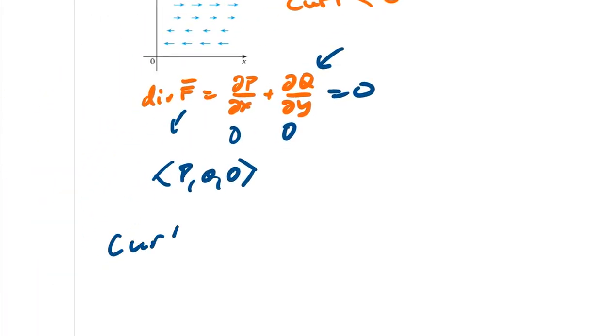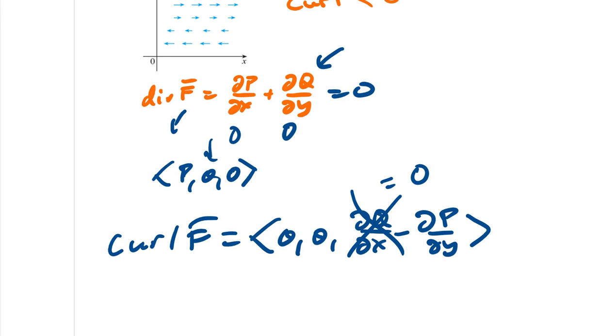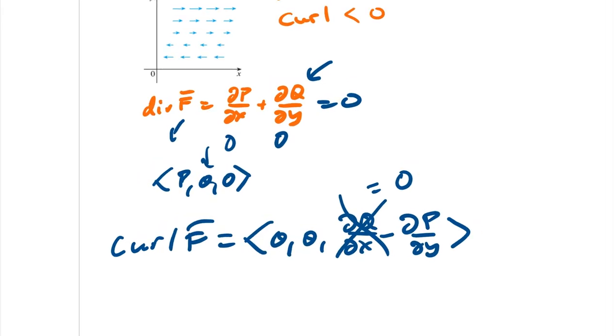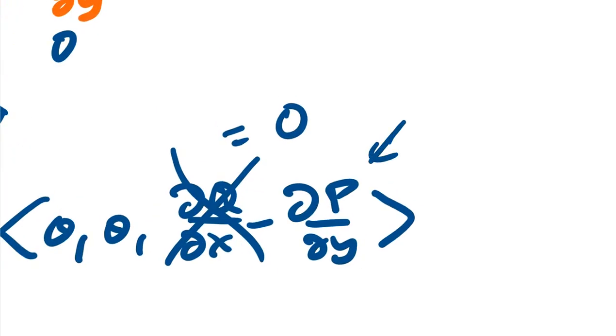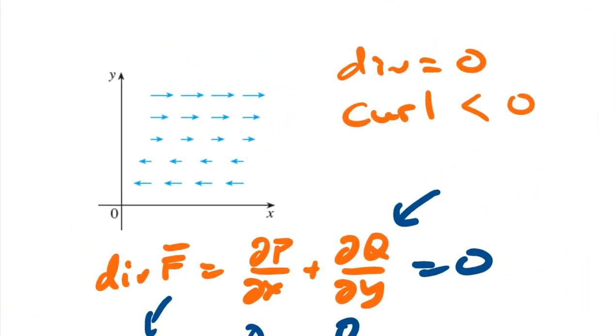So the curl of f, like you know by now, is 0, 0, partial q with respect to x minus partial p with respect to y. This one's 0 because the q's are all 0. So now we just look at how the x's are changing with respect to y, and we put a negative on it. So how are the x's changing with respect to y? Well, if you go in the y direction, it looks like the x value goes from negative to positive.